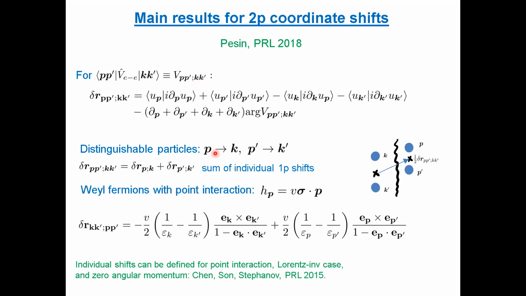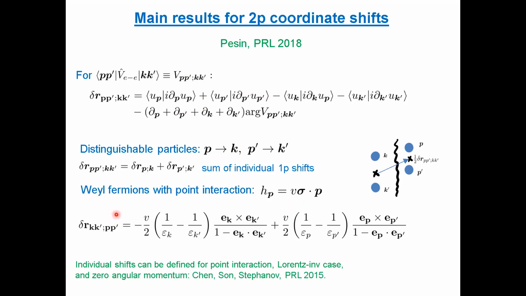Okay, and it can be shown that if you have a red electron and a green electron colliding, then this total two particle shift gets reduced to a sum of the individual shifts for the red electron and the green electron.